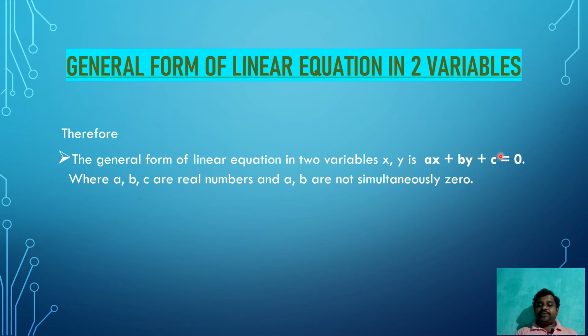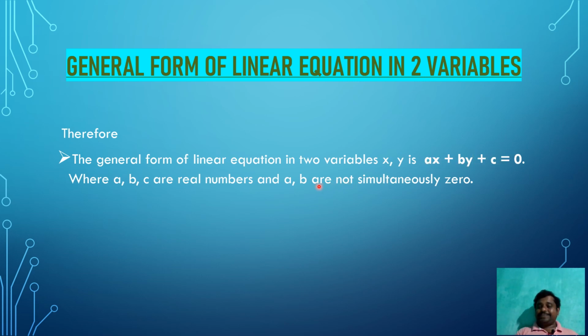Dear students, observe here, we treat x and y as variables and a, b, c are real numbers. Where a, b, c are real numbers, x and y are variables, then the general form of a linear equation is ax plus by plus c is equal to 0.